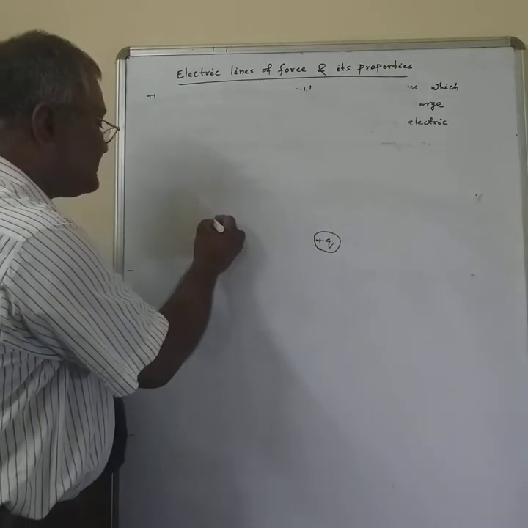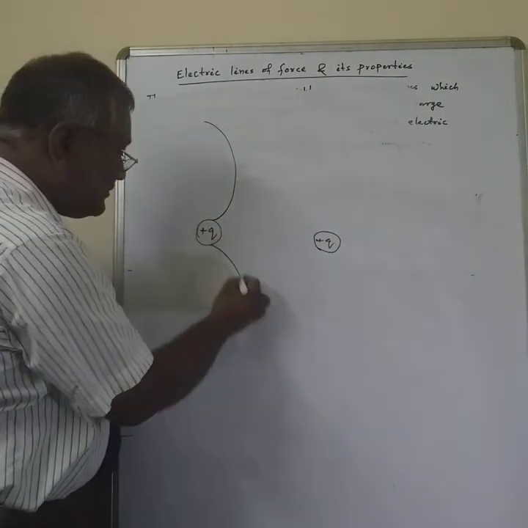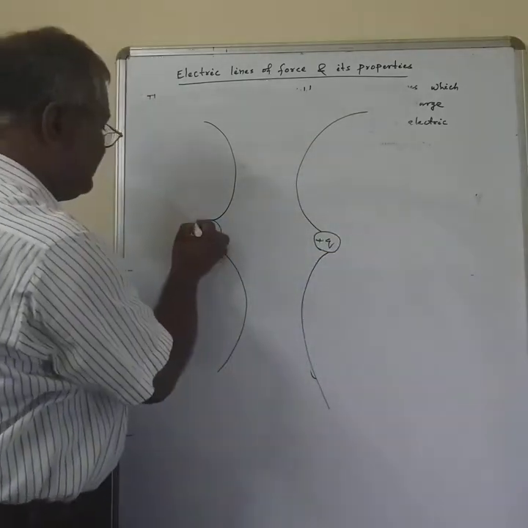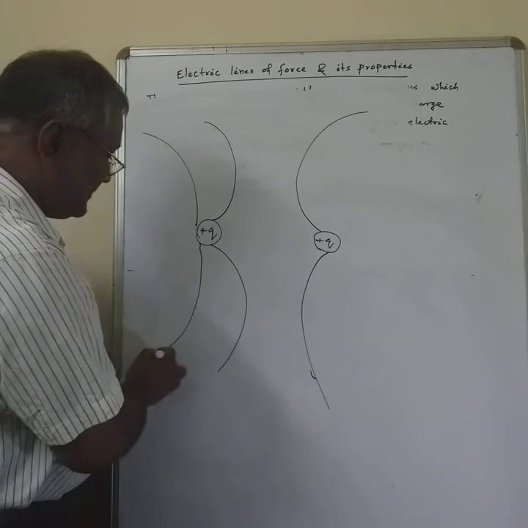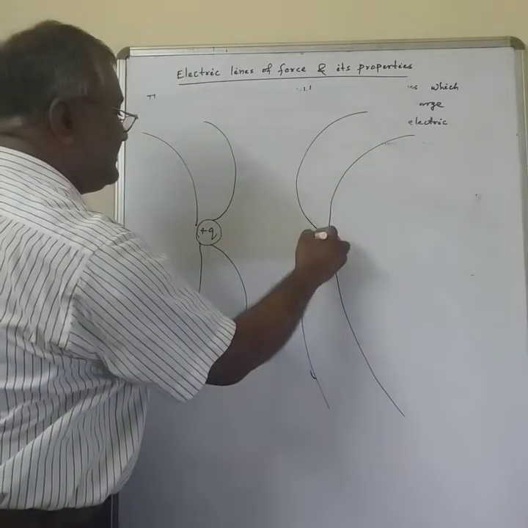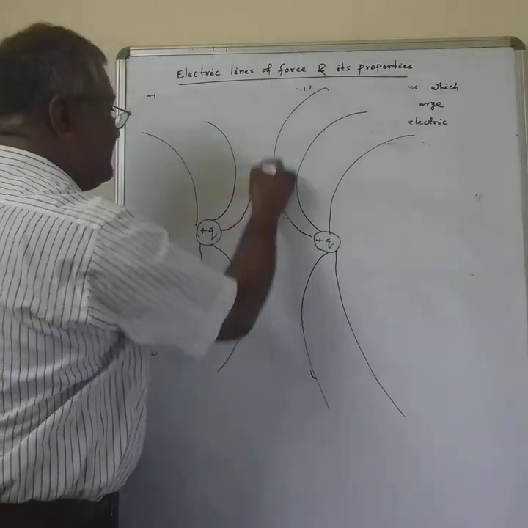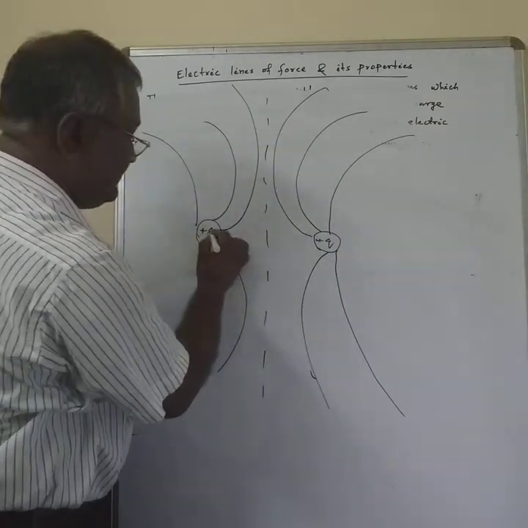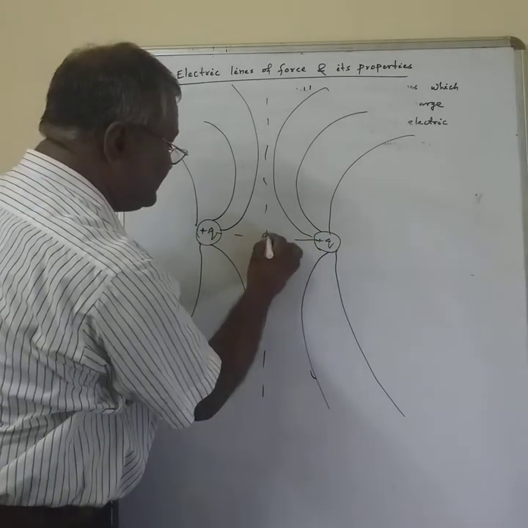So they will move like this. But this is the midpoint where the field is 0.